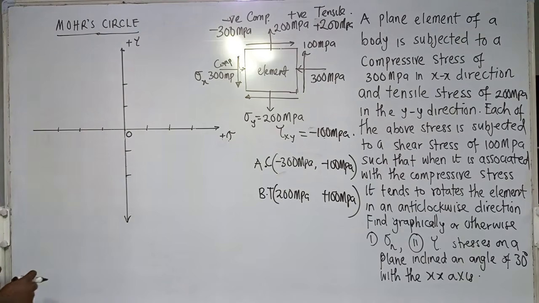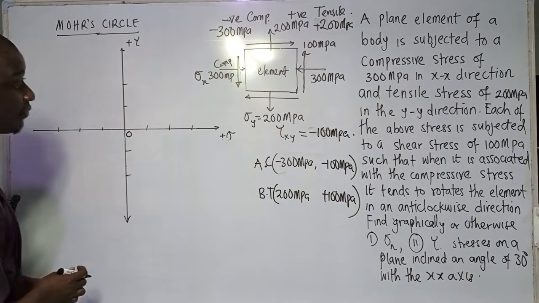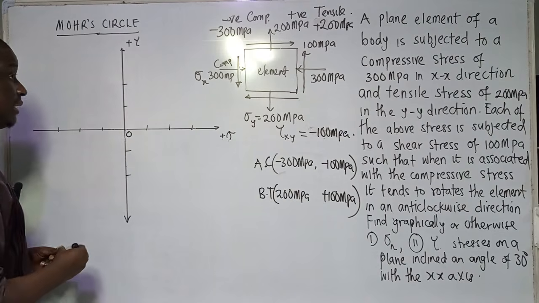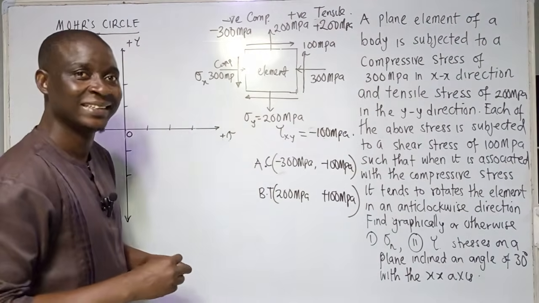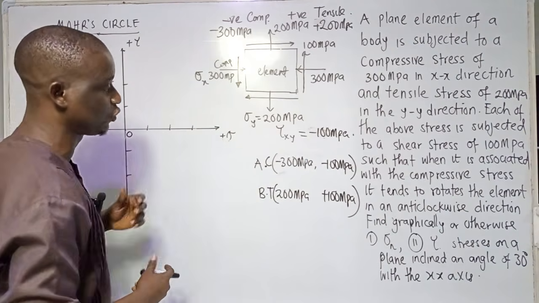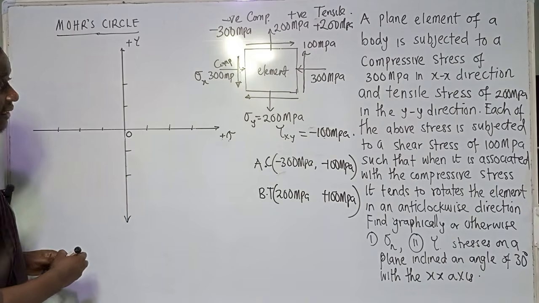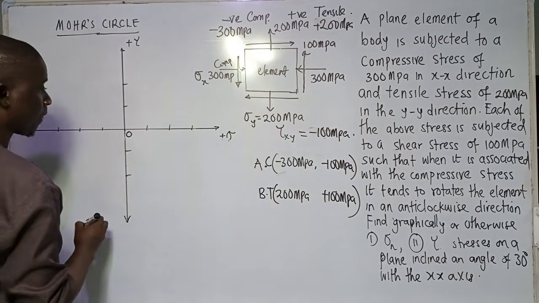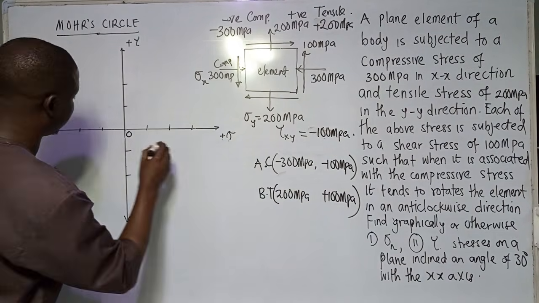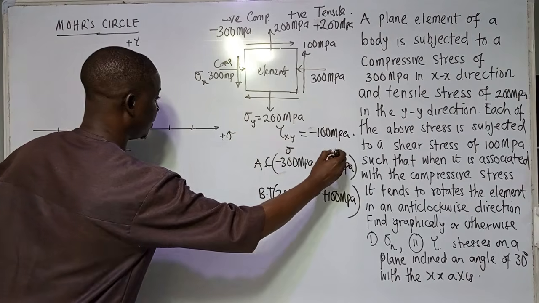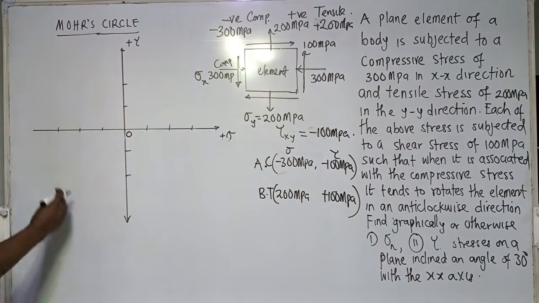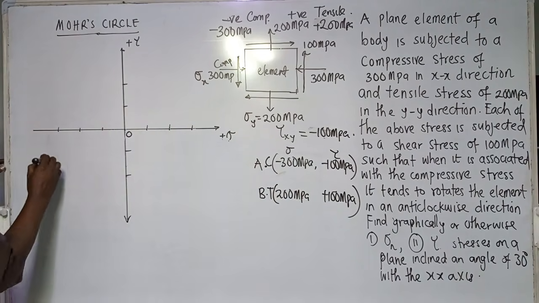Now, having done that, we have taken all the coordinates from the question. So what I'm going to do simply is to represent the coordinate into the graph. Now, minus 300, that means negative here. Stress. Please don't forget this is stress. So negative 300.